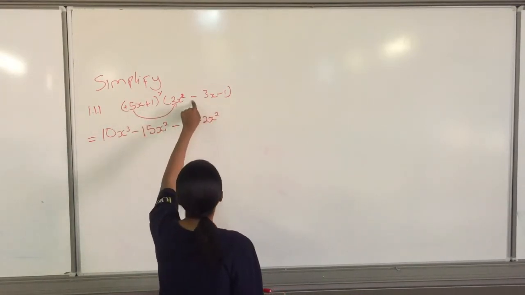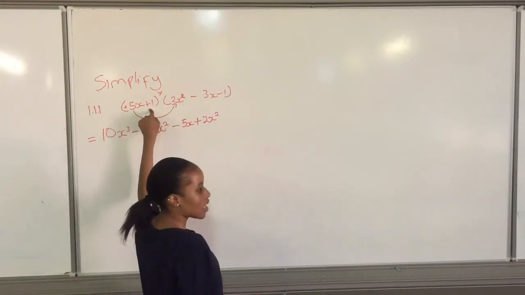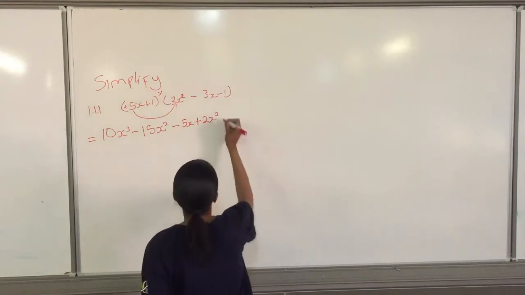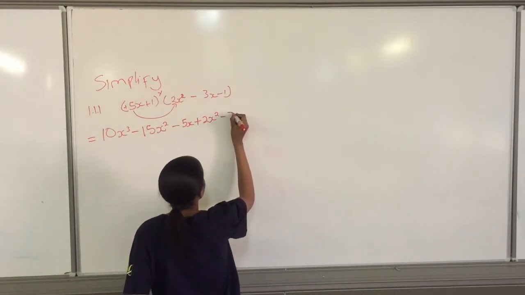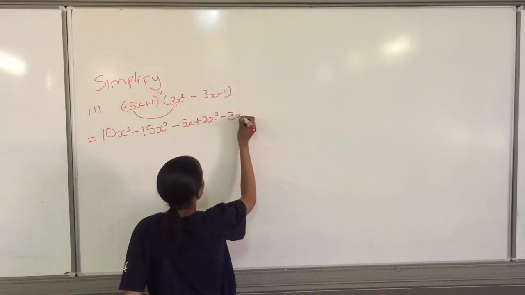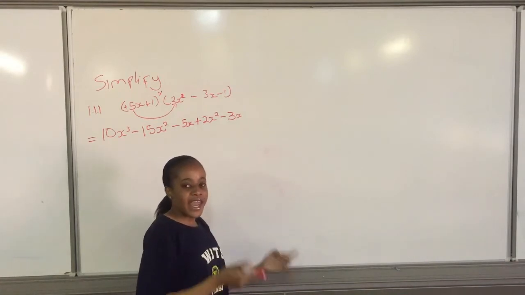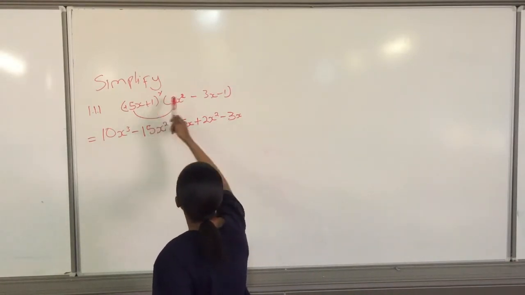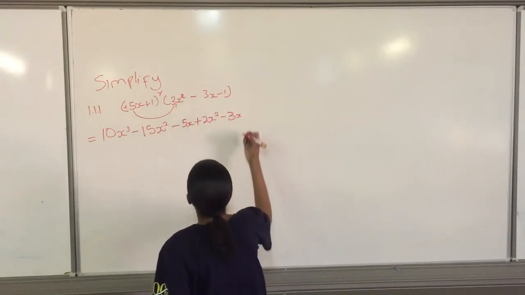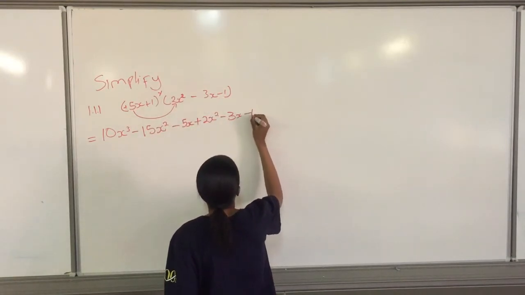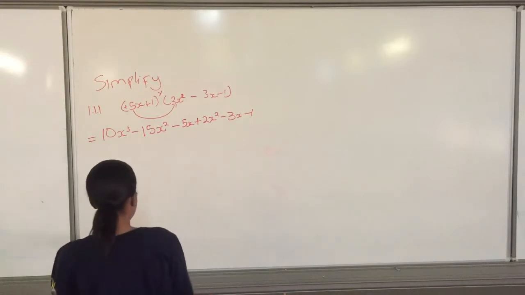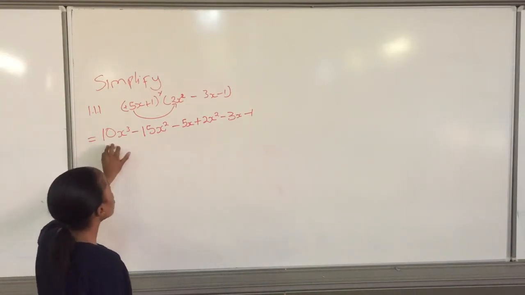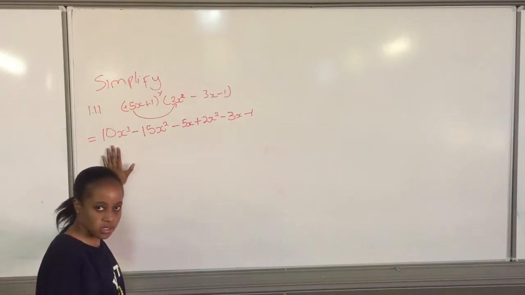And you know that a positive multiplied by a negative is a negative. So you're going to have minus 3x. Because again, you're multiplying a number by 1. Then 1 multiplied by minus 1, we're having minus 1 again.